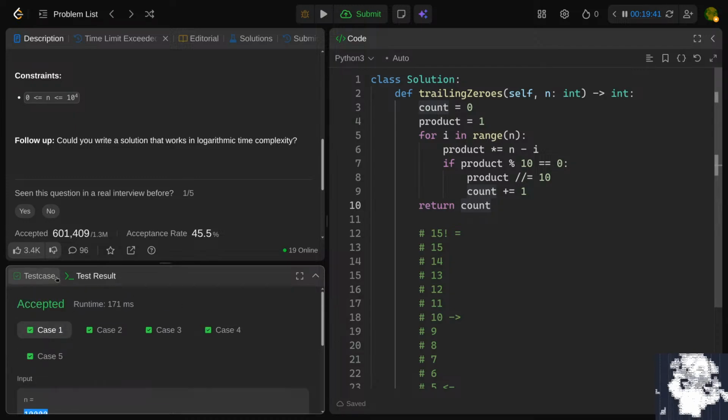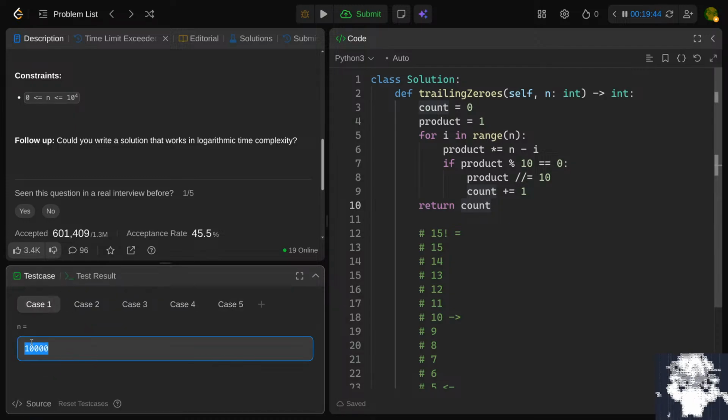Let's revert this test case back to being 1.